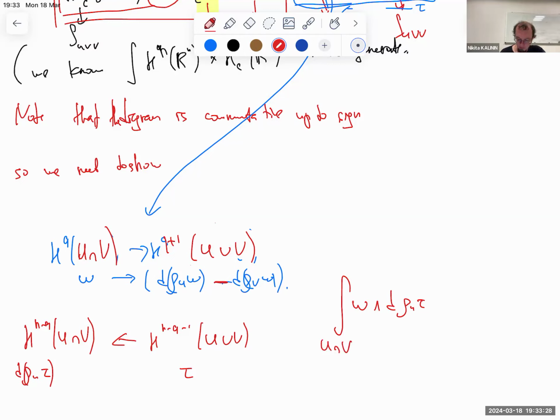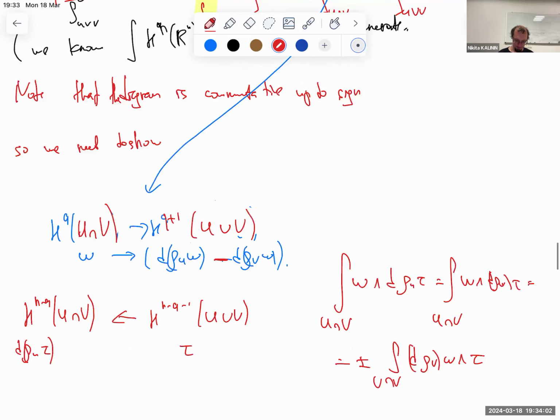And I want to say that it's okay. So let's try to see. I want to say that it's the same as omega wedge d rho tau. That's just the same as, up to sign, omega u d rho v omega h tau.